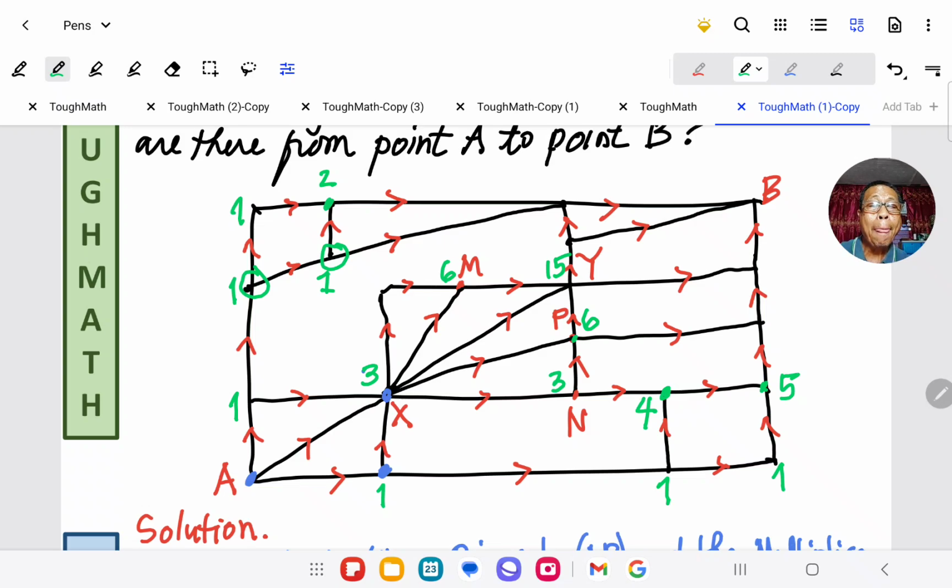Okay? And this one must be labeled, so sorry, there's a path here also.